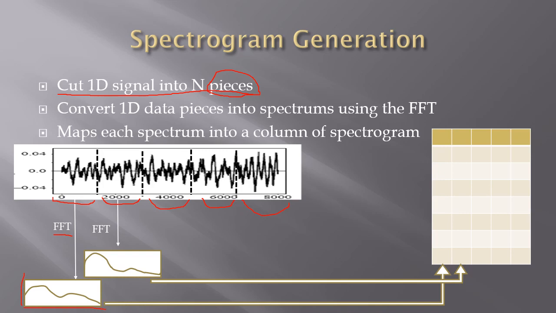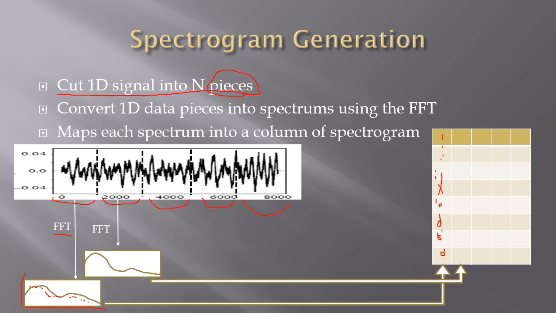Each power along this spectrum we map onto the first column. The first frequency is mapped here, the second there, the third there, and so on. So each spectrum will be mapped into a column of the spectrogram.